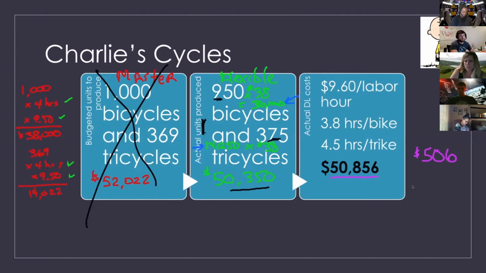That apples to apples comparison. So this is actually unfavorable, because at this volume level we would have expected to spend $50,350, but we actually ended up spending $50,856.